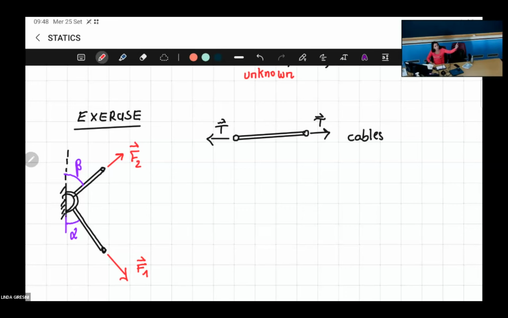And the wall, of course, exerts a reaction force, which must be defined. So this reaction force, in principle, will have a generic inclination. We call it H. And its inclination with respect to the horizontal axis will be gamma.